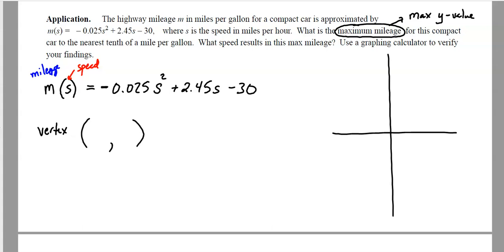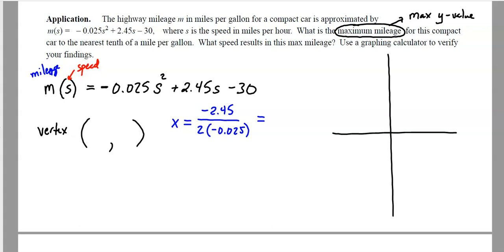Well, remember, to find the x value of the vertex, it's -b, -2.45, over 2a. So over 2 times -0.025. All right, so I'm going to jam that into a calculator and see what we get.